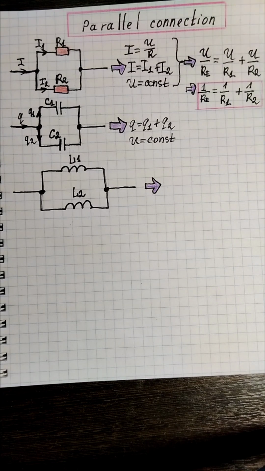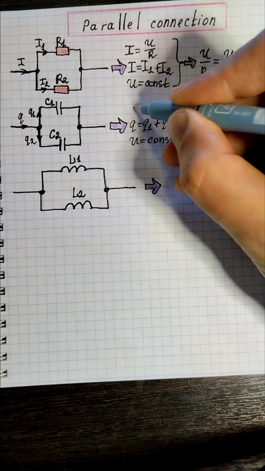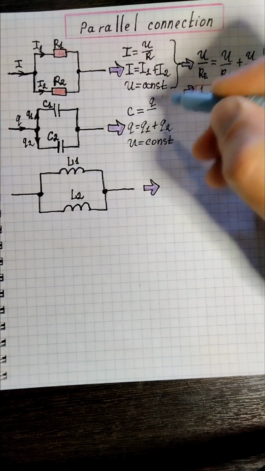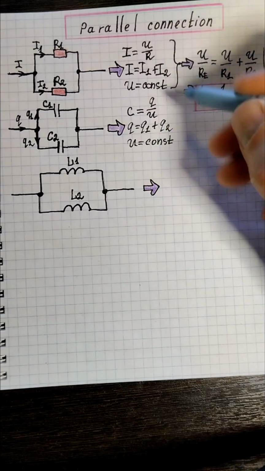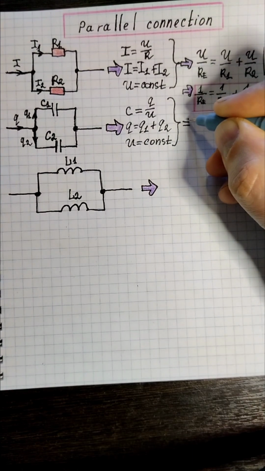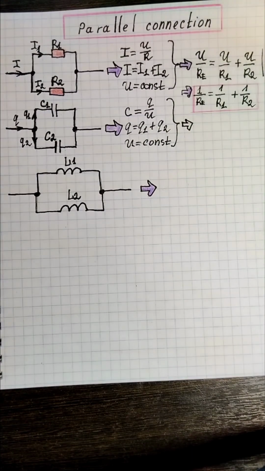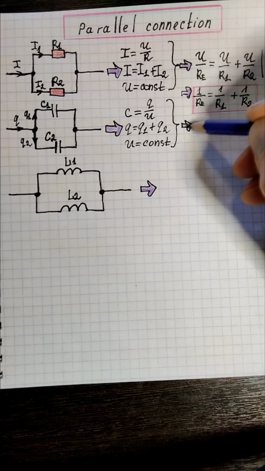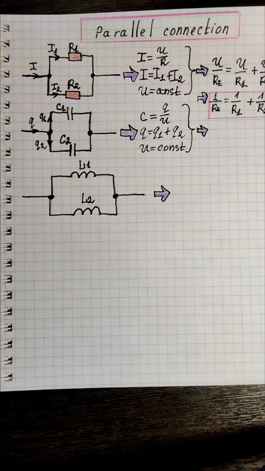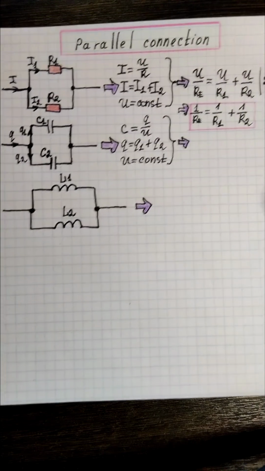I will also use the definition of the electrical capacity of a capacitor as the ratio of electric charge to voltage. C equals Q per U. It remains to express the charge in terms of voltage and capacitance as follows. You see, please.